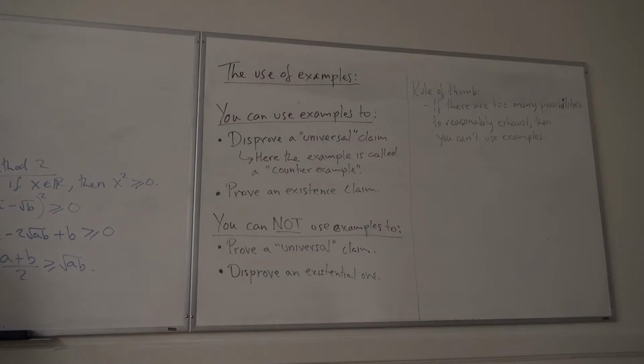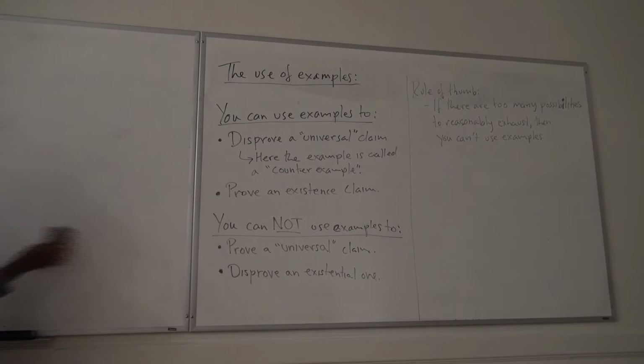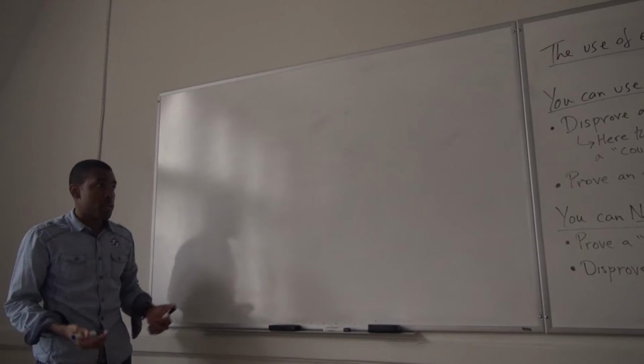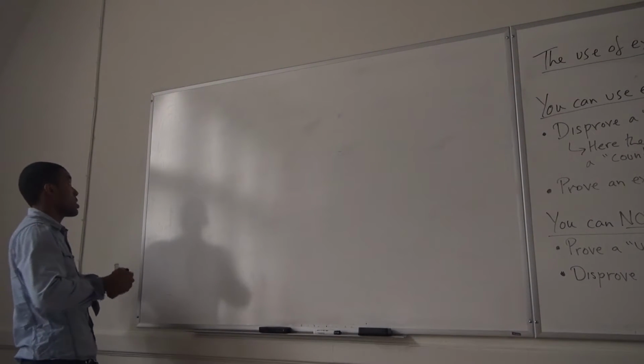After we did that and talked about some existential claims, we introduced proof by contradiction. It's a principle that says we can prove a claim by proving its negation is false, and we can prove its negation is false by showing that its negation implies a contradiction.